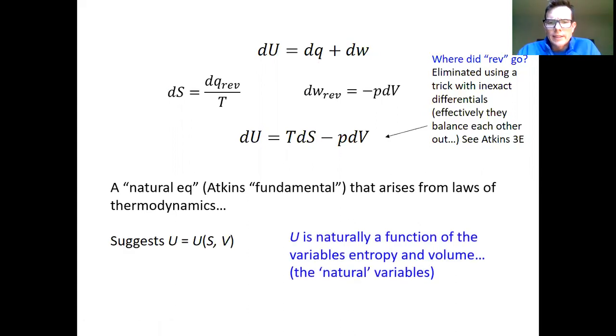Most important is it suggests that U is a function of specific variables. This is a total differential, and it suggests that U is a function of the variables S and V. These variables, we call them natural variables. Right? So the natural variables of U are entropy and volume.